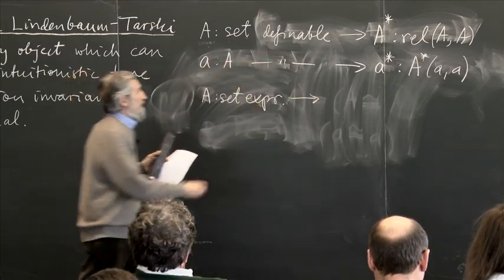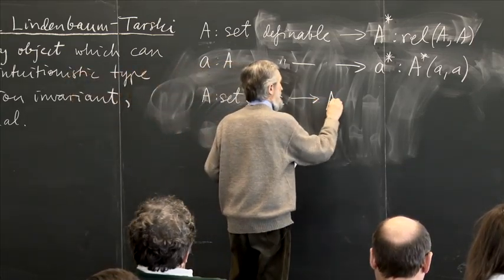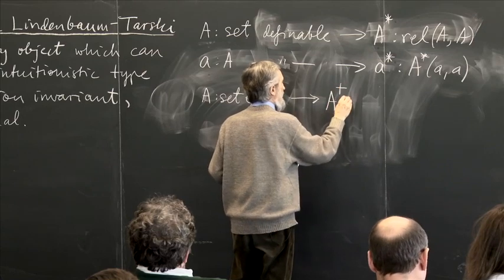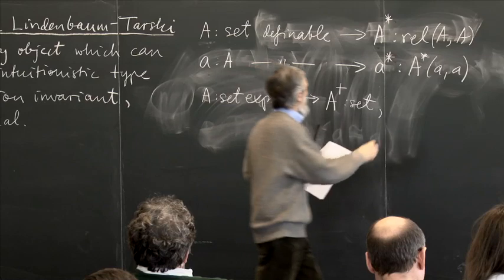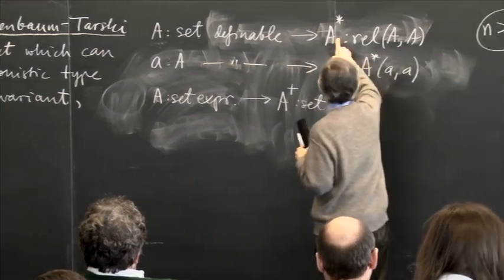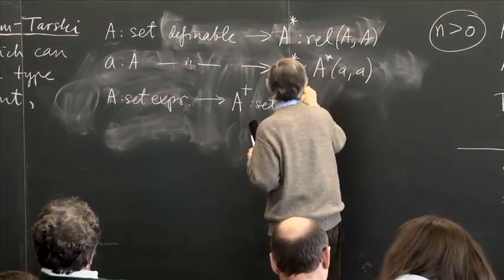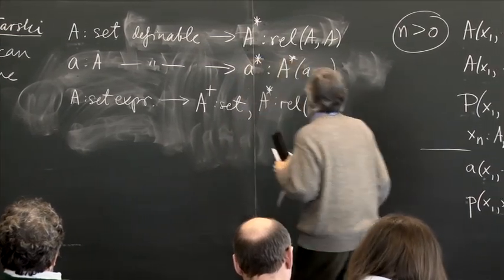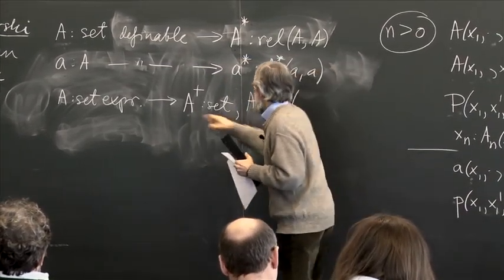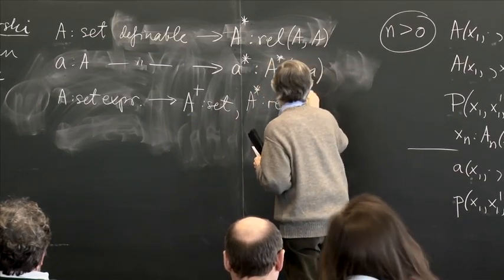On the one hand, the set that it expresses, let me call that A dagger, and on the other hand, this relation A star, which should be a relation on this set that A expresses.